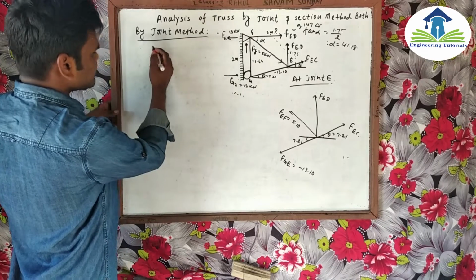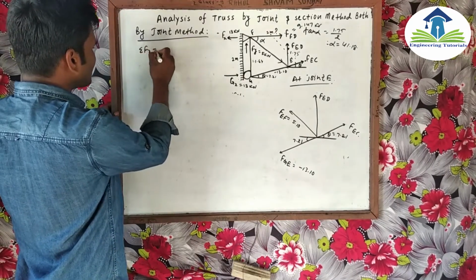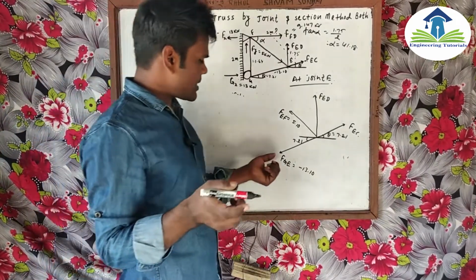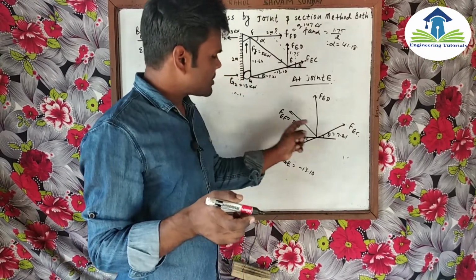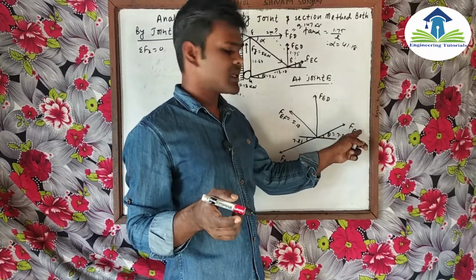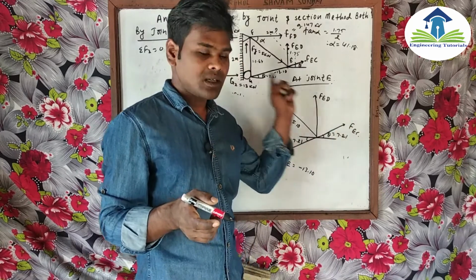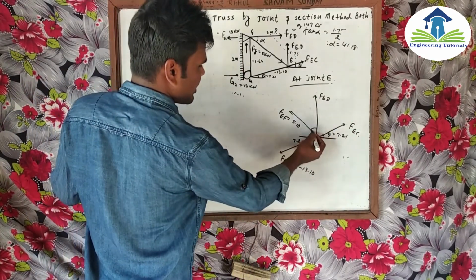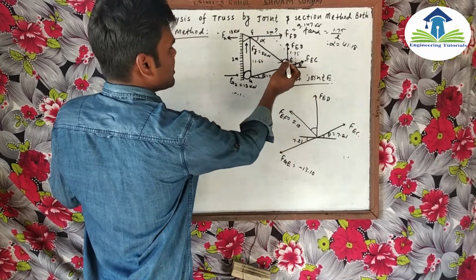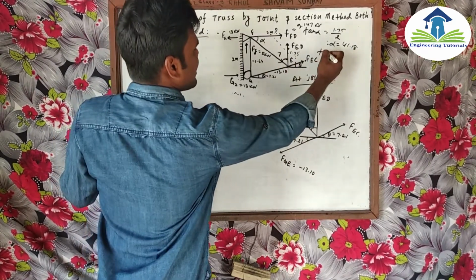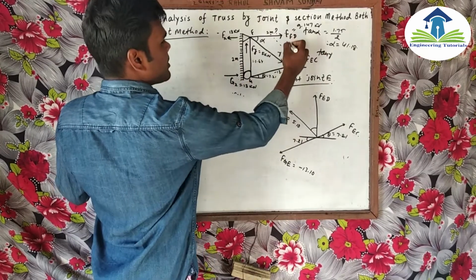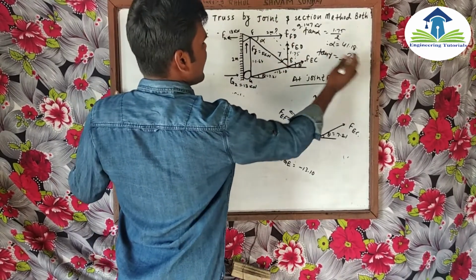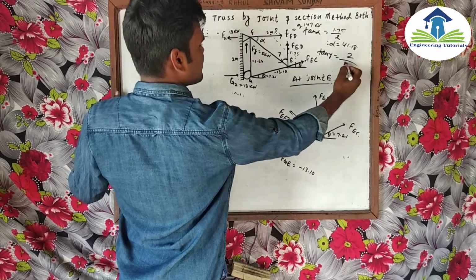So total Fx is equal to 0. If we do total Fx equal to 0, then we can find the value of FEC. Here, this is the gamma, and tan gamma is 2 divided by 1.75.